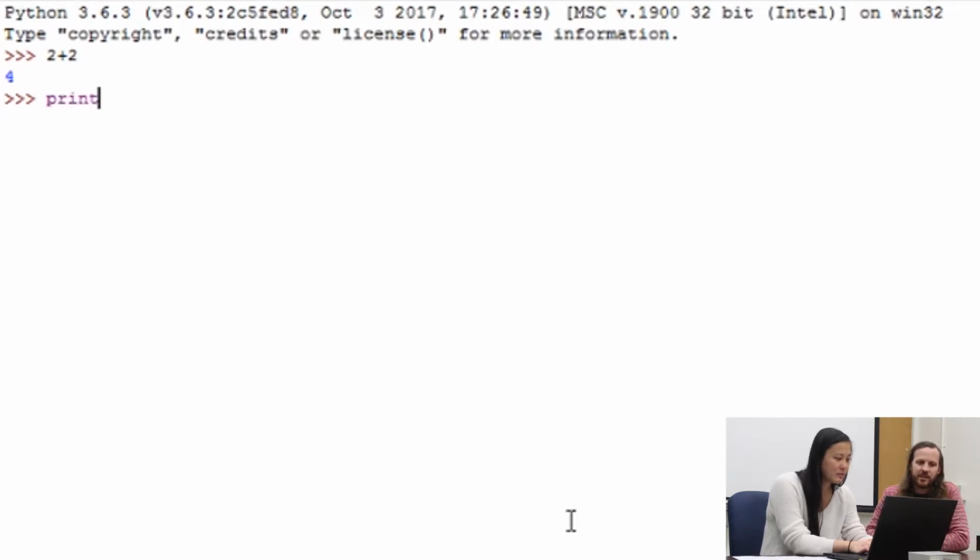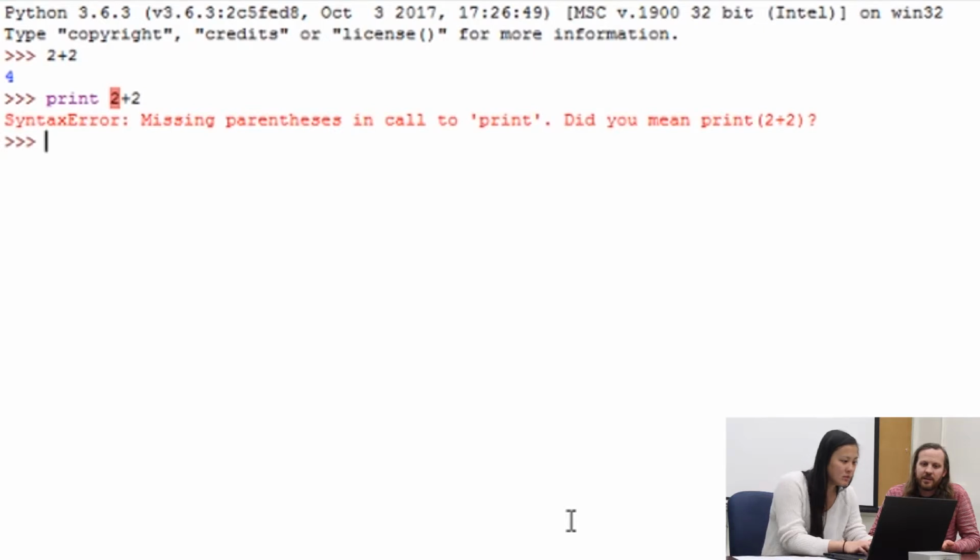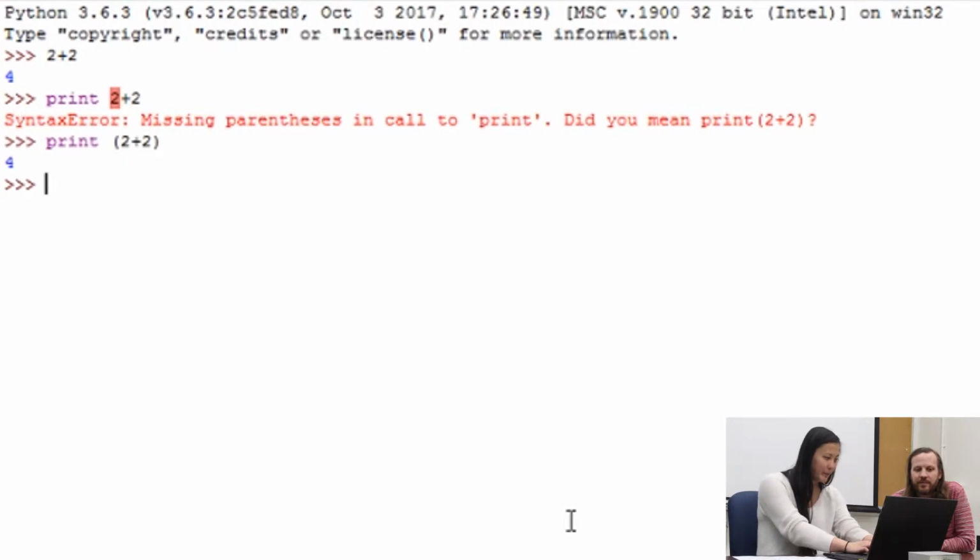Print 2 plus 2, with the parentheses. And we still get 4. So that's the only difference: in Eclipse you have to hit run after you type the print and anything else in your code before it spits out the output.